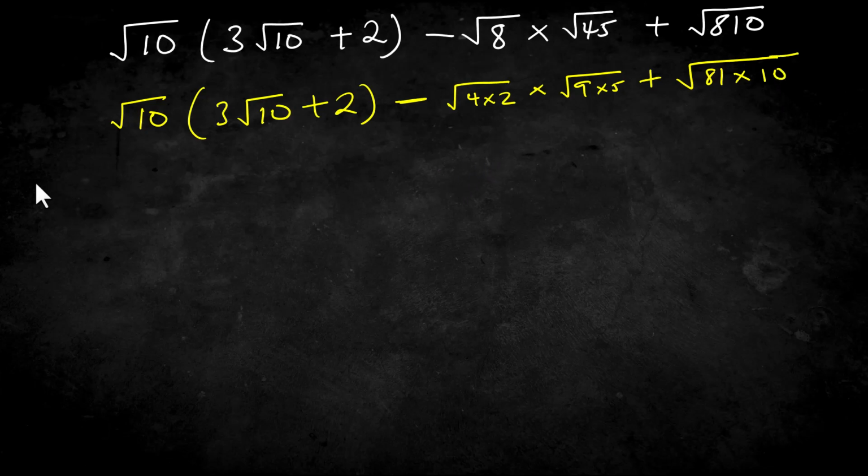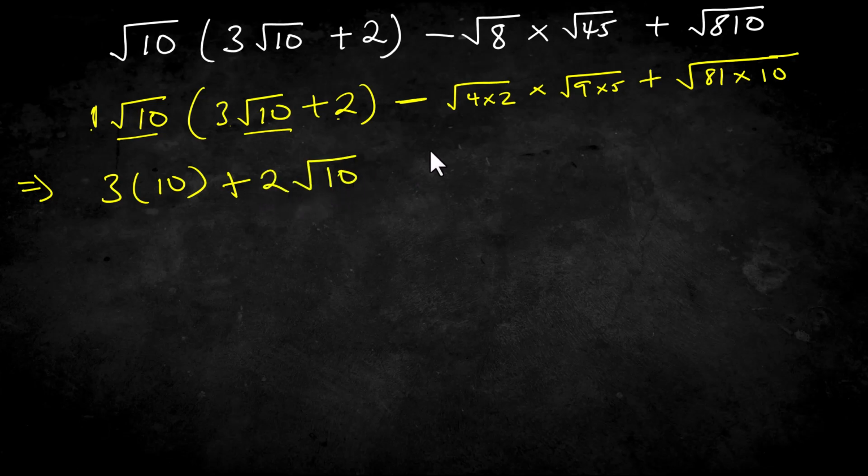All right, so let's go ahead and multiply. 1 times 3 is 3, square root of 10 times 10 will be 10, plus 1 times 2 is 2 root 10.